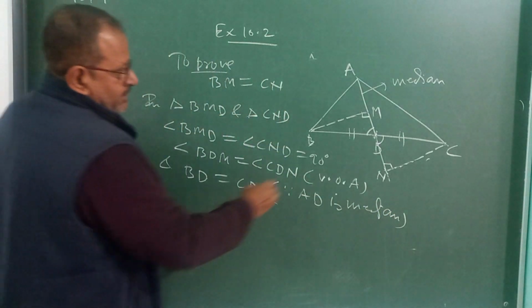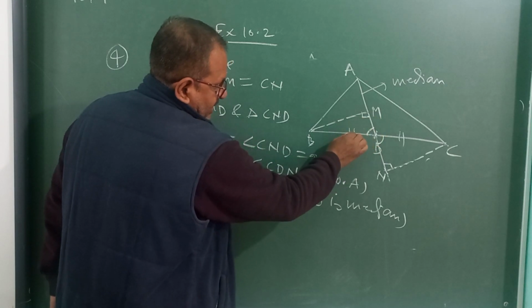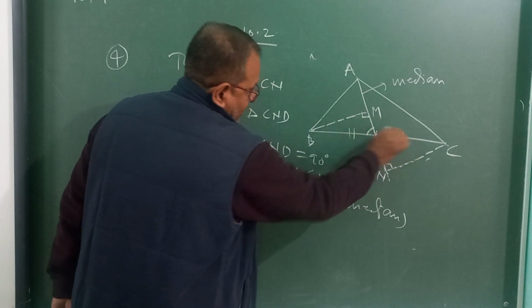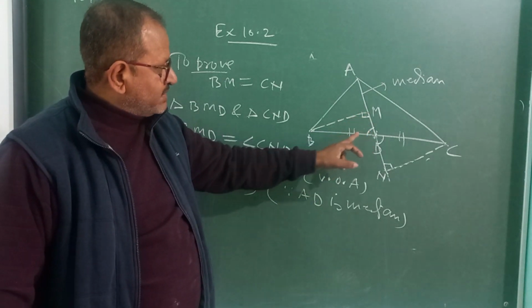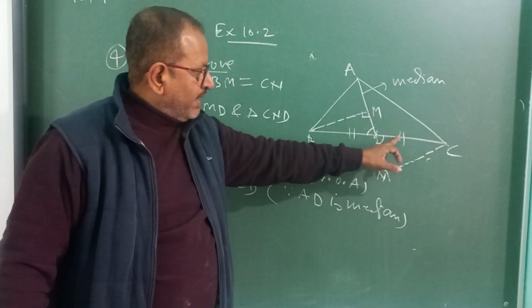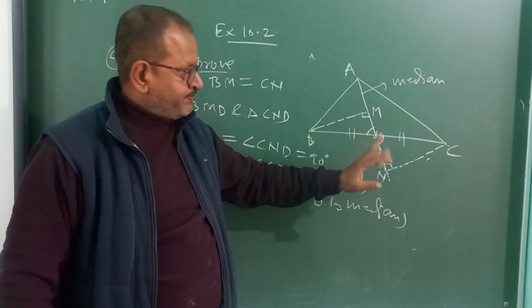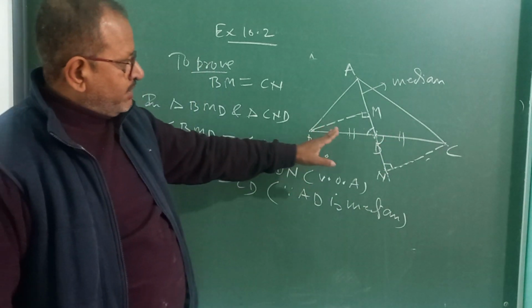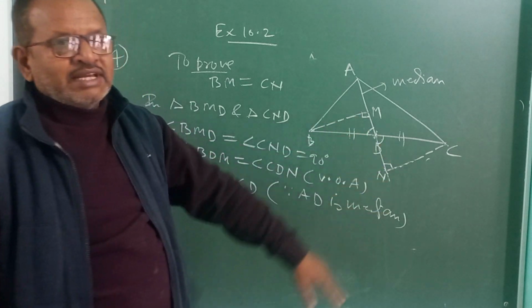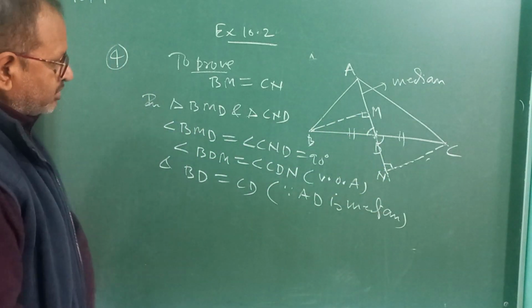So we see that angle, angle, side, both the triangles are congruent. Two angles and the corresponding side are equal. So by AAS we can say that these two triangles are congruent.